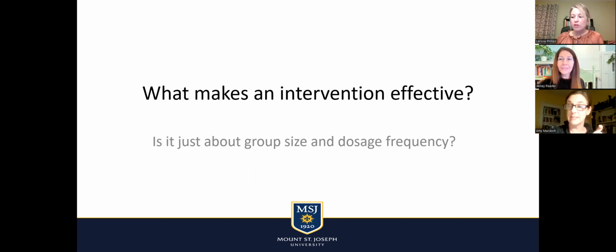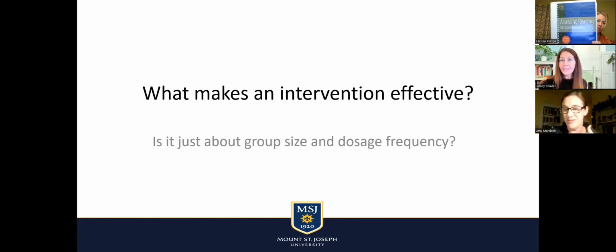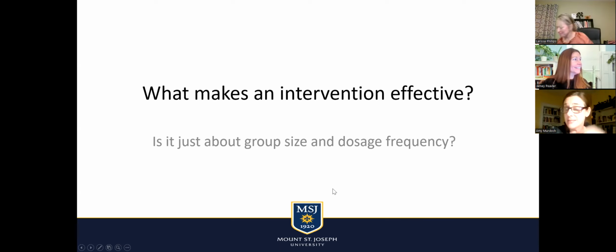They have an assessment handbook. Maybe we can put it in the chat. I'll find it and I can put it in the question and answer. It's kind of a general informal assessment, or it's formal assessment, but criterion referenced. Yeah, the multiple measures one. So I like that one sometimes when I need more general information about a child.